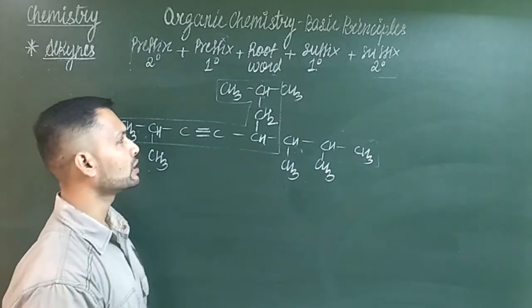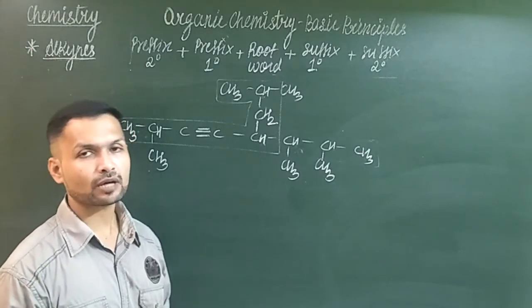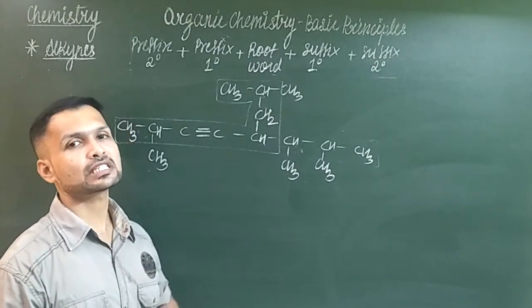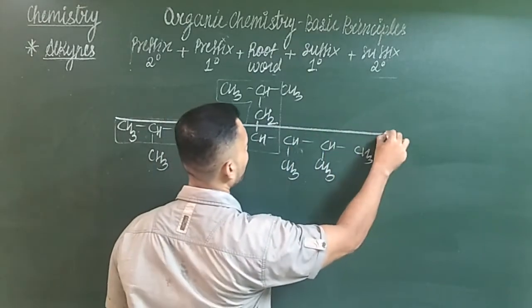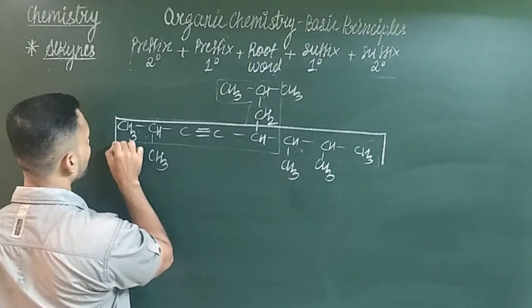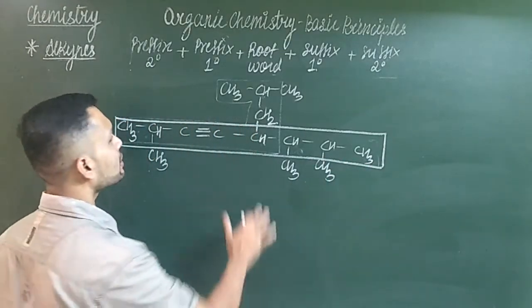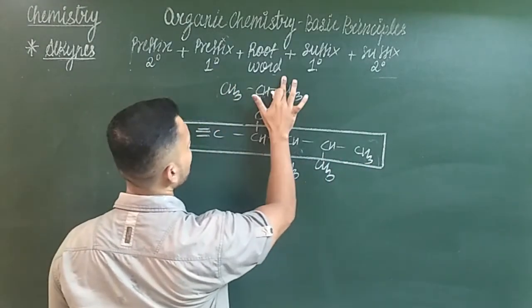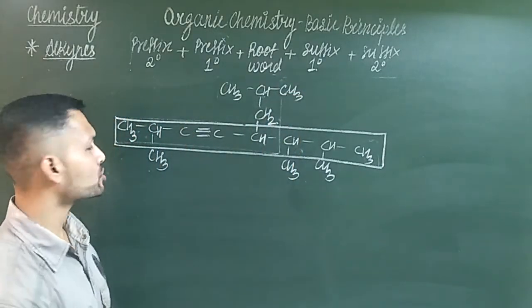So you know the rule, if there are 2 or more chains with the same number of carbon in the longest chain, choose that chain which has maximum substituents. So our chain of preference will be this one. Others will be the substituents. Okay, got it? So those will be the substituents.